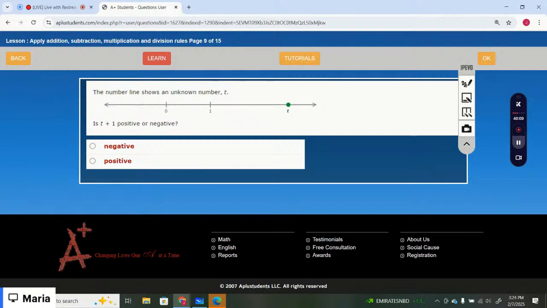The number line shows an unknown number R. Is D plus 1 positive or negative?